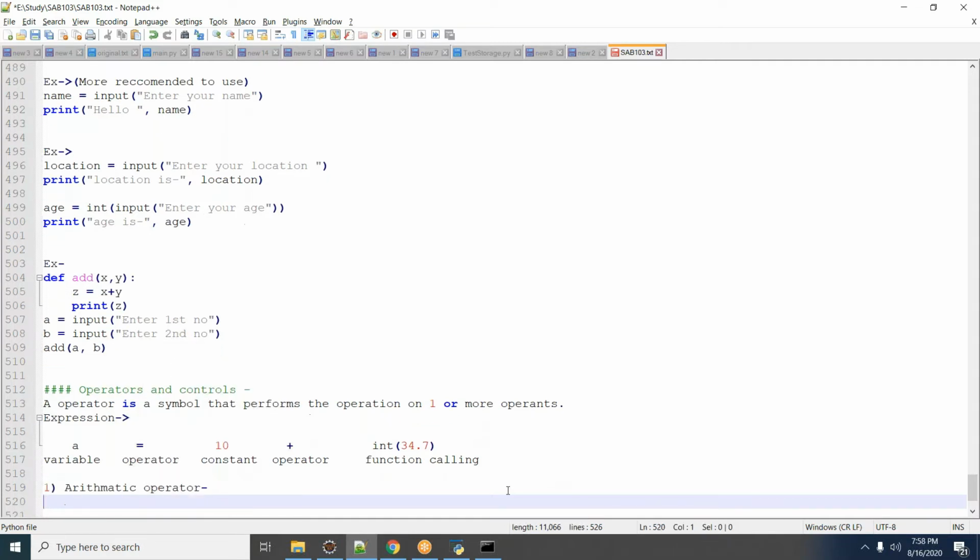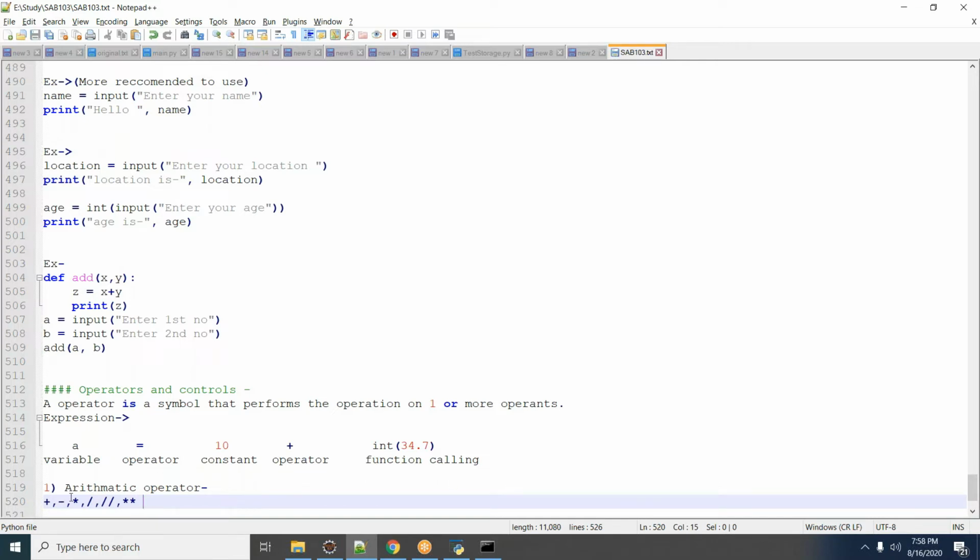Those who know programming languages are already aware of these concepts. In arithmetic operators, we have plus, which is used to add two numbers. We have minus, which is used for subtraction. We have multiply, which is used for multiplication. We have divide, floor divide, and the exponent operator.